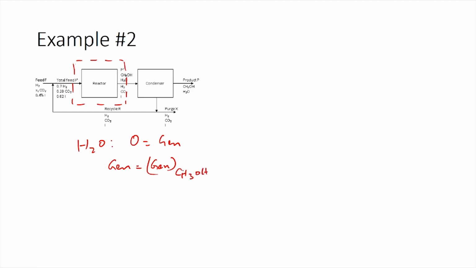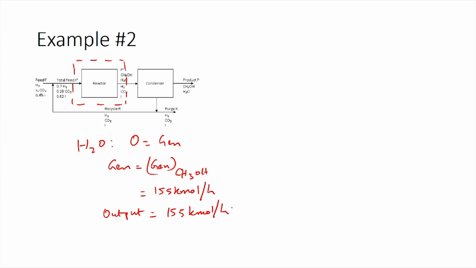So, we know that 155 kilomoles per hour of methanol is being generated. So, this means the generation of water is also at 155 kilomoles per hour. So, this would be the water which is leaving the system. So, output for water would be 155 kilomoles per hour.